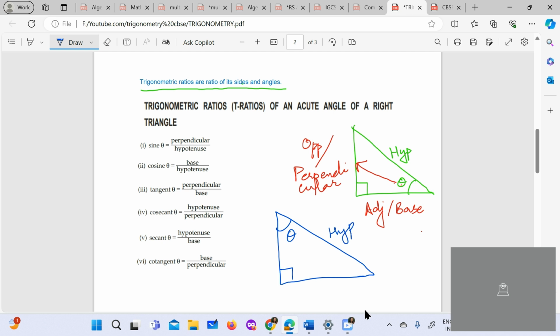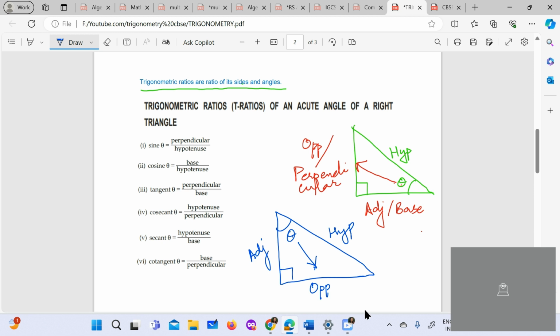And then with respect to this angle, this length is your opposite. Always be careful about this. And this length will be your adjacent. So always we have to be careful about these lengths. If you make a mistake in understanding these, then definitely we will not be able to write these trigonometric ratios properly, which will result in the wrong answer.